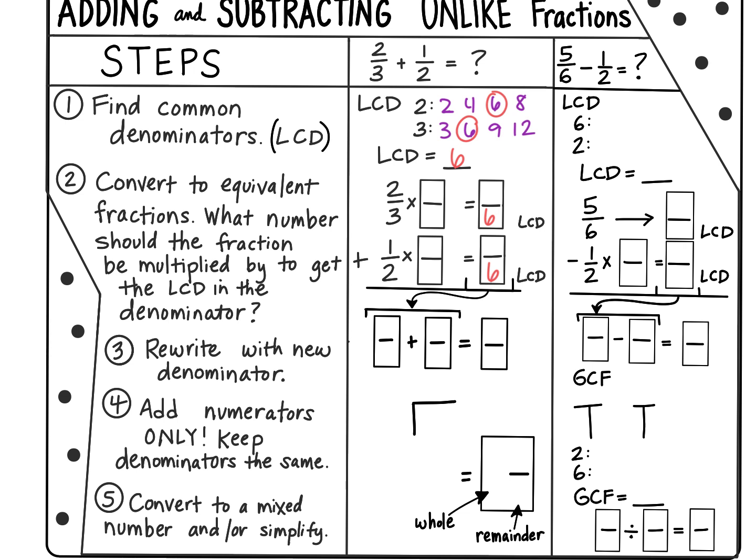What do I have to do to get from 3 to 6? What do I multiply by? 2. So if I multiply 3 times 2, then I have to do the same thing to the top. Remember, equivalent fractions. We are now creating equivalent fractions. So the same thing to the top means 2 times 2, which is 4.